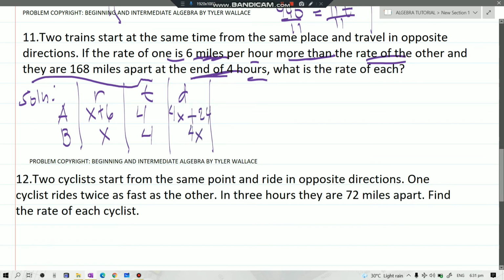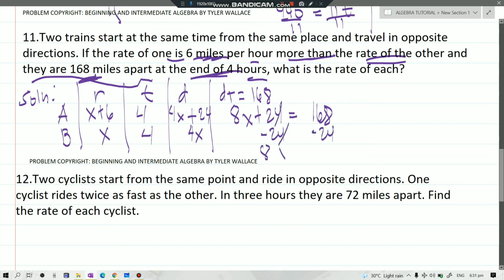So, and may total distance ka na, 168. So, that is d total is equals to 168. Magiging 8x plus 24 is equals to 168. Okay? Then, negative 24, you will get 8x is equals to 144.